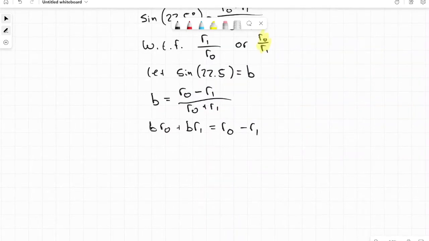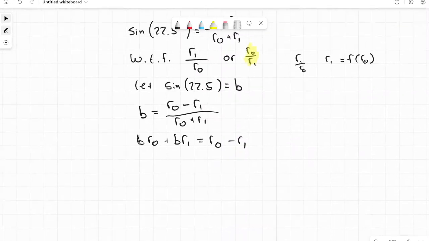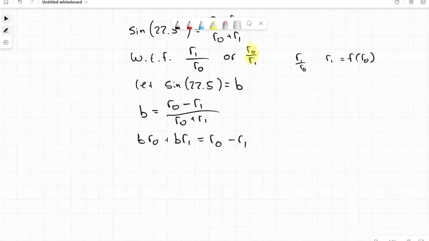A bit more rearranging. What do we want to find again? We want to find R1 over R0, so we probably want to find R1 as a function of R0. That's just going to help us know which way to rearrange.